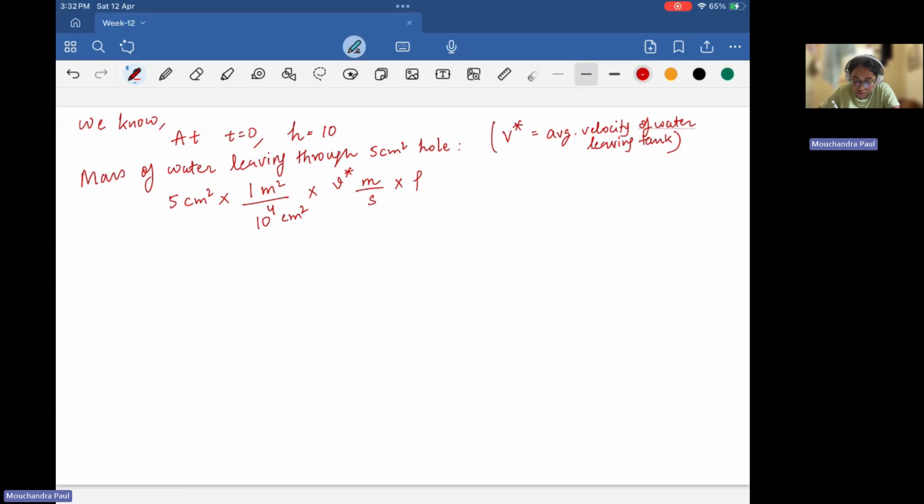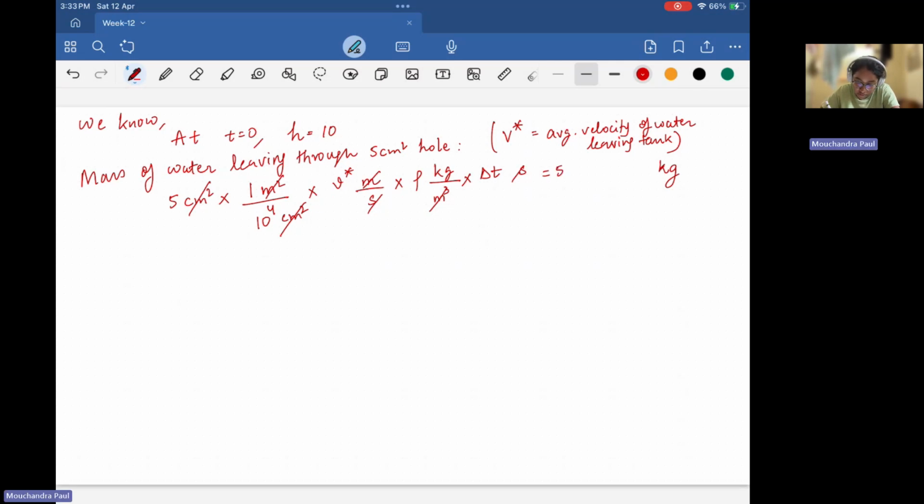Rho, let's consider rho as the density of water, kg per meter cube, during the time delta t. So if we correct for the units, we get a term whose dimension will be mass.